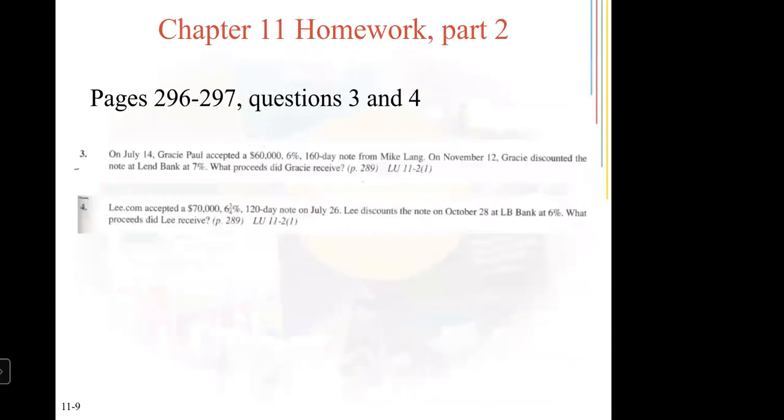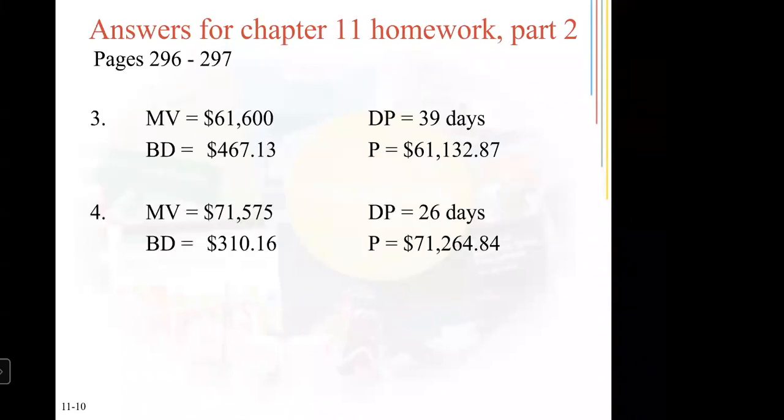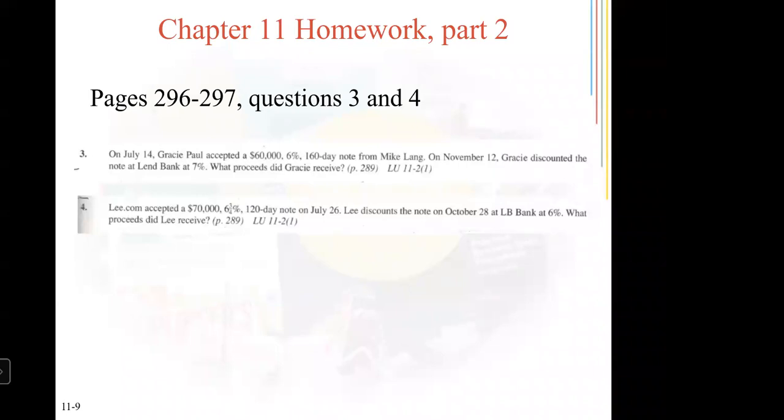So you have two questions there for homework from that chapter, part 2. It's pages 296 to 297, questions 3 and 4. And the questions are right on the PowerPoint, which will be emailed to you after the class. You could attempt those too. I think the answers are right here. So if you do it and you're not able to get the answers, then you could always bring it to our attention for next class.